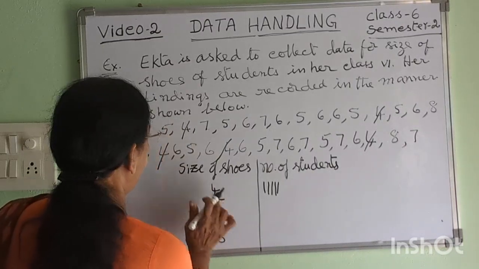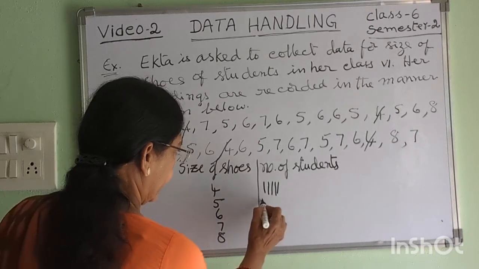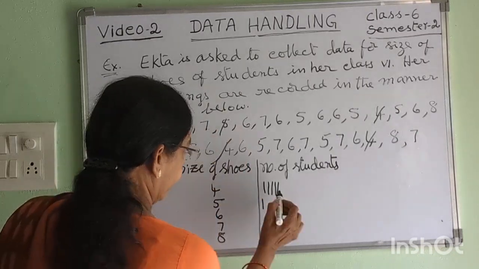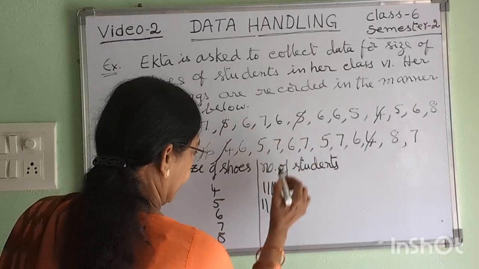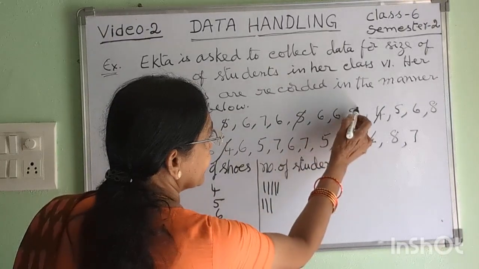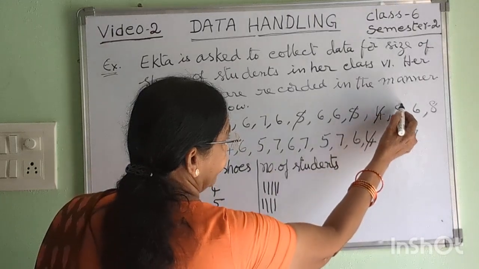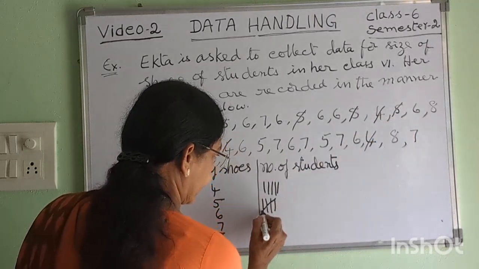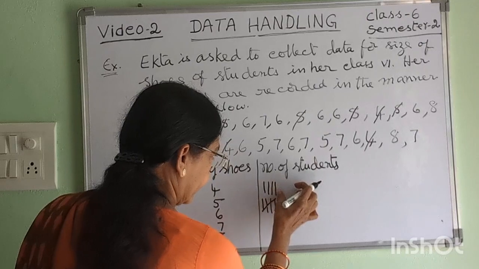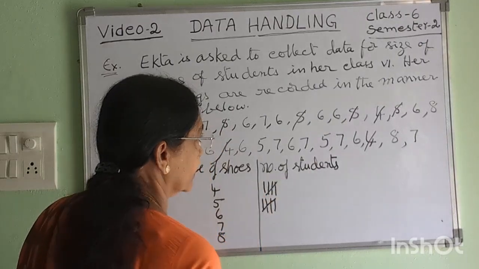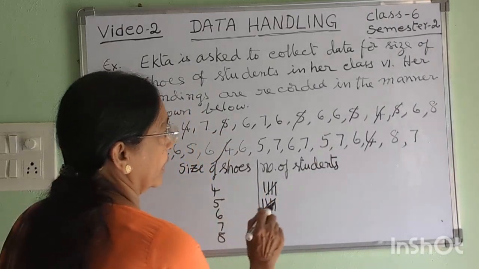Next size 5, 1, 2, 3, this is 4, and this is 5. Fifth one we will cross it. In the above also, the fifth number we will cross, we will bundle like this.